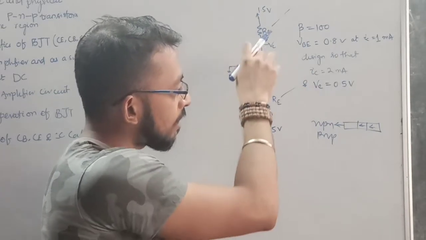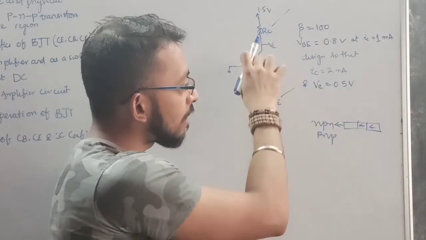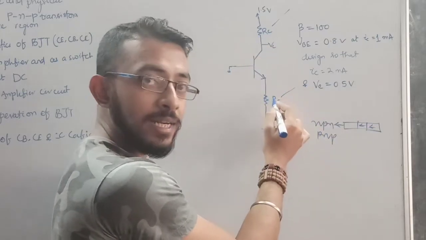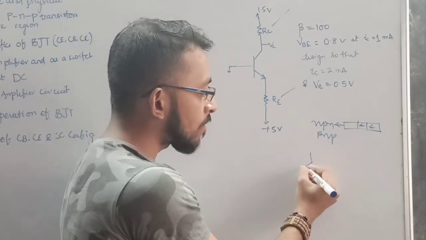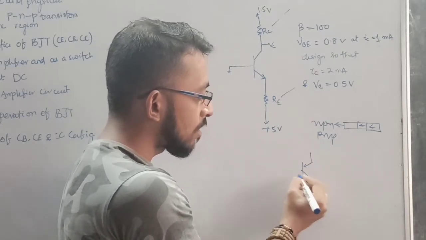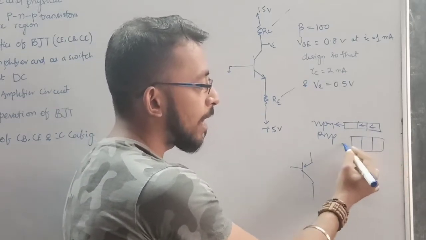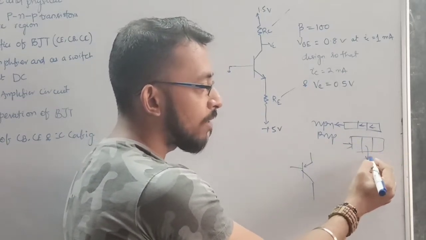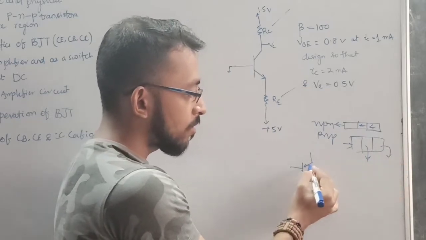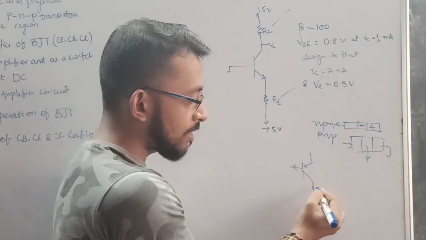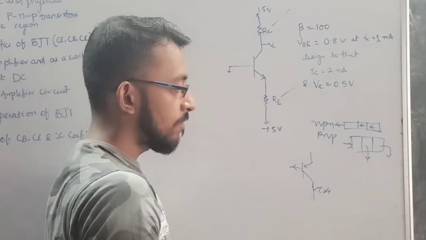So this is the emitter terminal and current is leaving at the emitter terminal, which means this is an NPN transistor. If the circuit looks like this, then it is PNP, because for PNP my emitter current will enter at the emitter, and it will leave at the base and at the collector.